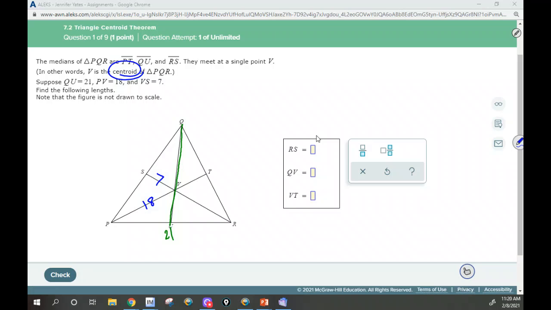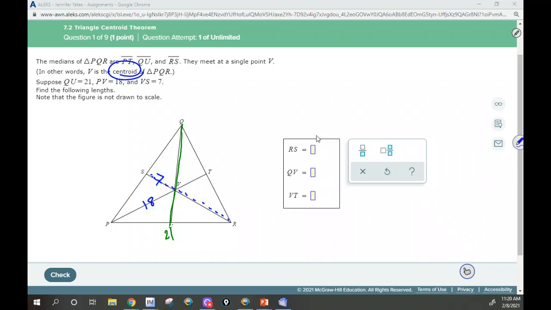And they're giving us nice numbers, which makes me really happy. I am looking for number 1, RS. So that's this guy right here. If this is 7 and it's the short piece, you know that the long piece is, do you remember me talking about it? Twice as long.